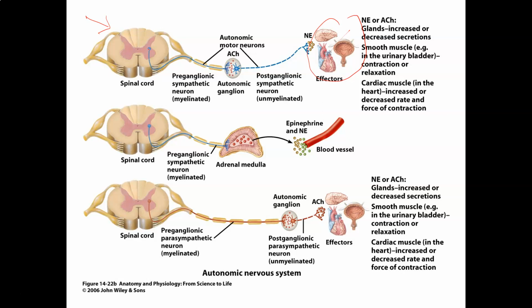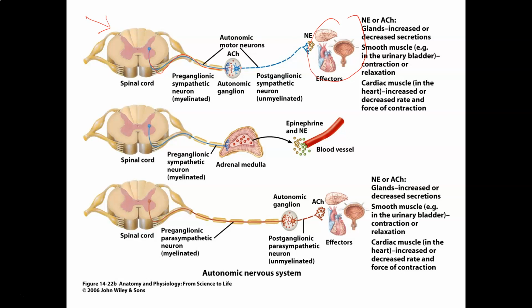So the first one is in the lateral horn of the spinal cord, and again its axons also leave through the ventral root, but notice they don't get all the way to the effector, the target organ. They only get part of the way there, and then they synapse with a second neuron whose cell body is out in the peripheral nervous system.